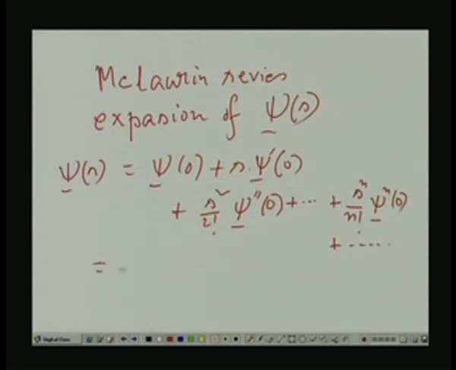So you can write this as lambda 1 s plus lambda 2 s square by factorial 2, and so on, lambda n s to the power n by factorial n, plus so on.